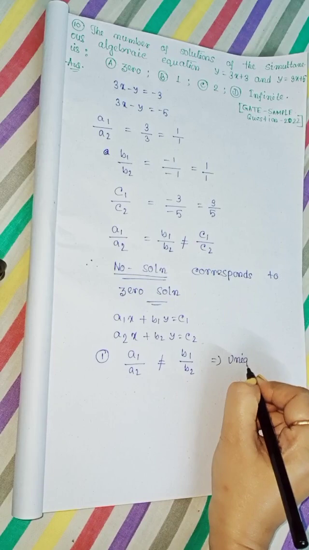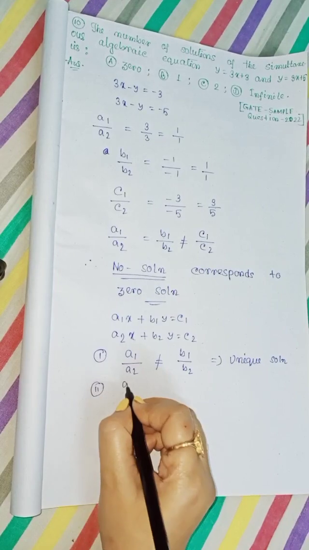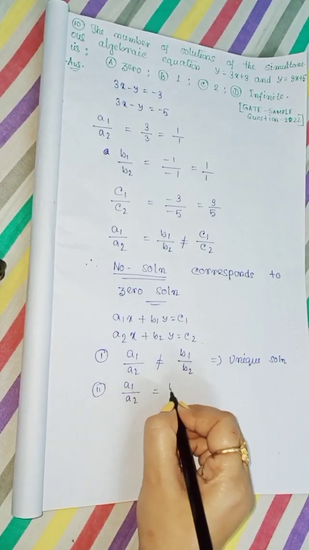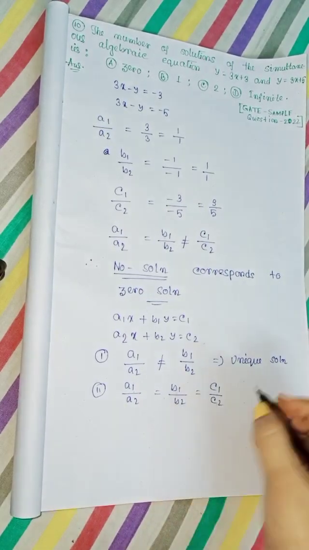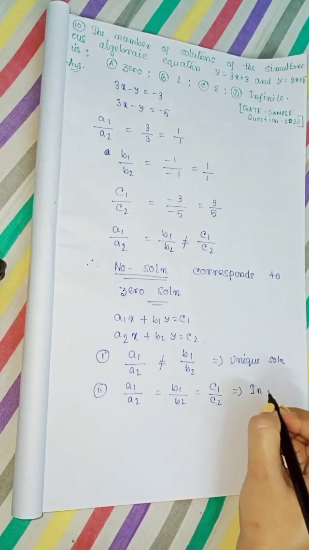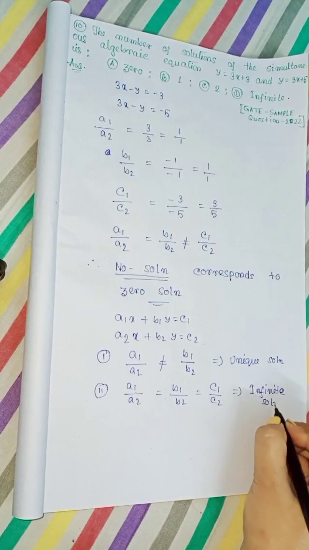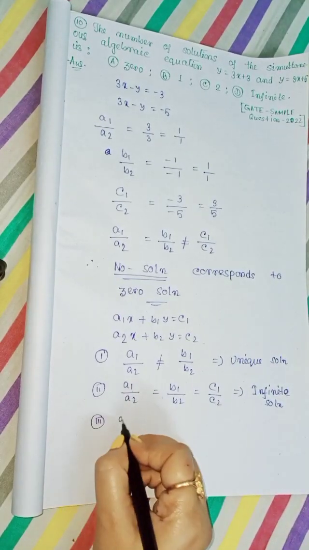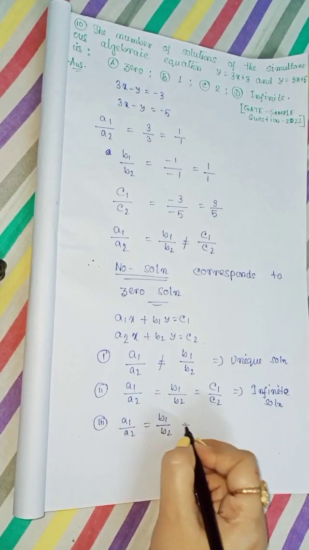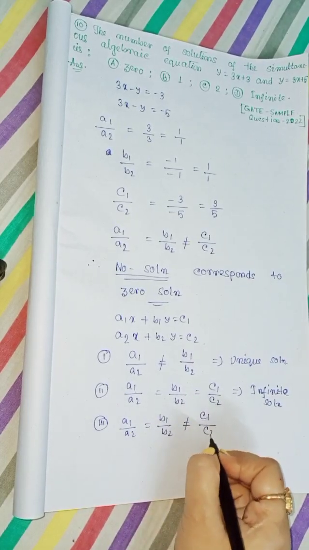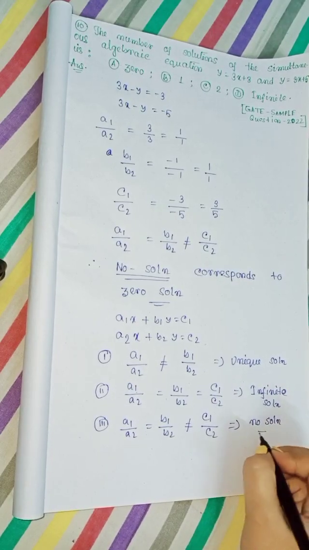In case 2, a1 by a2 is equal to b1 by b2 is equal to c1 by c2, we get infinite solutions. In case 3, a1 by a2 is equal to b1 by b2 is not equal to c1 by c2, we get no solution.